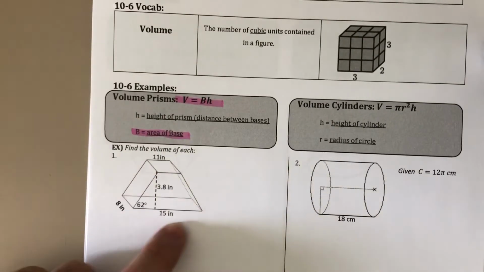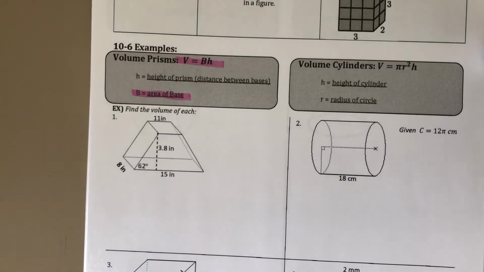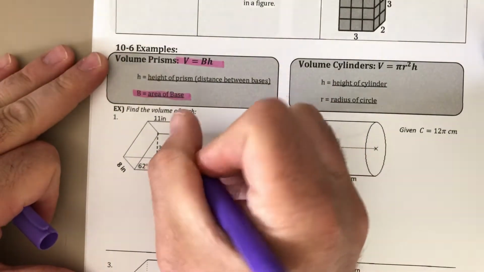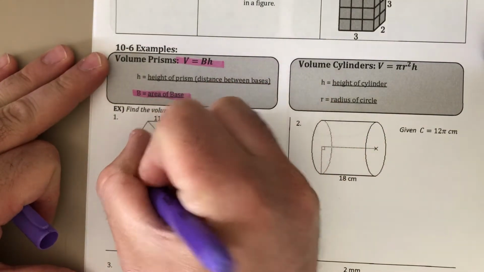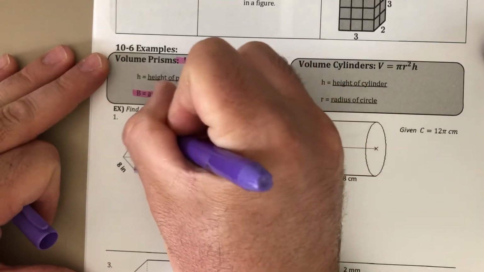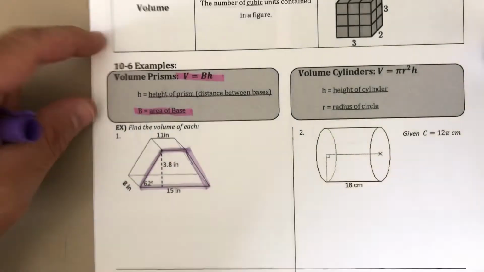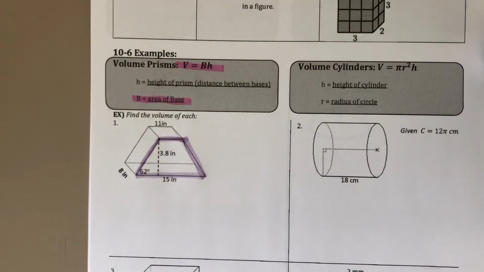All right, so we've got this prism here. Now, if you think about the prism itself, this is a trapezoidal prism. We have this trapezoid in the front and back that is identical. I'm going to highlight the edges of it here. We have that trapezoid in the front and an identical one in the back, connected by these rectangular faces.